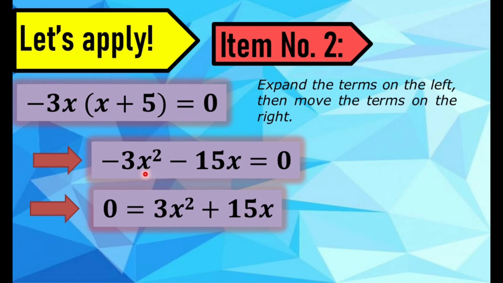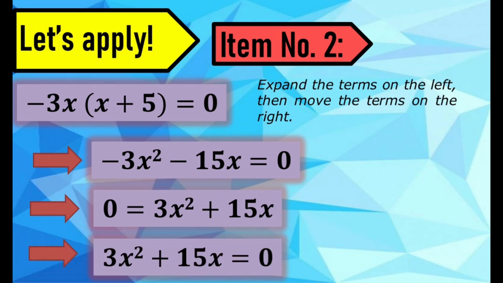Again, we used addition property of equality. We add positive 3x squared plus 15x to this side in order to cancel it and move it to the other side. Therefore, we now have 3x squared plus 15x is equal to 0.